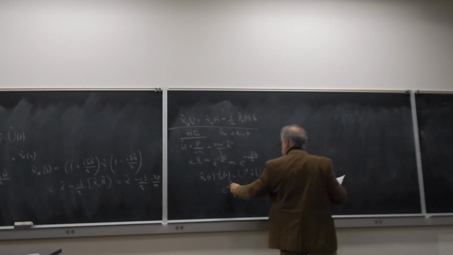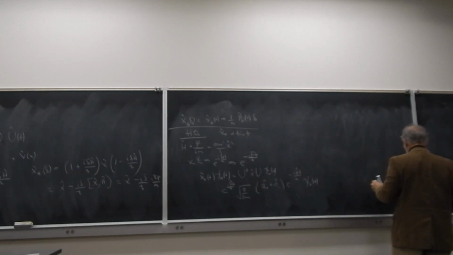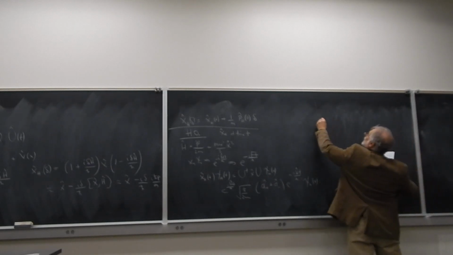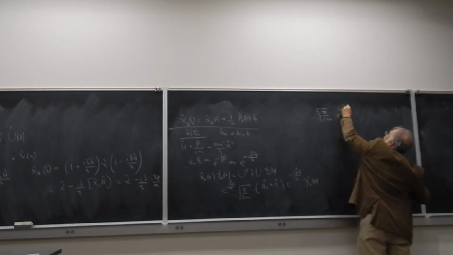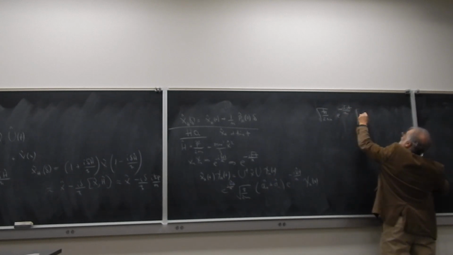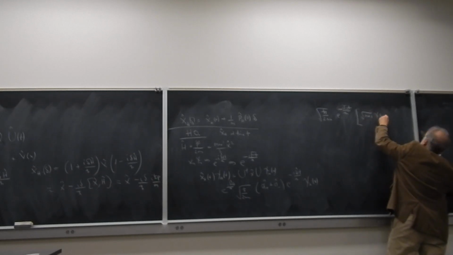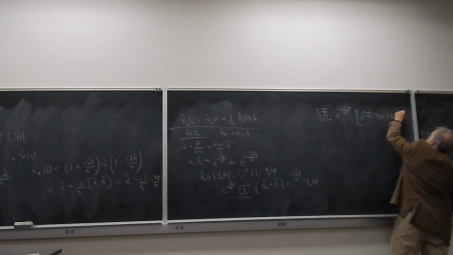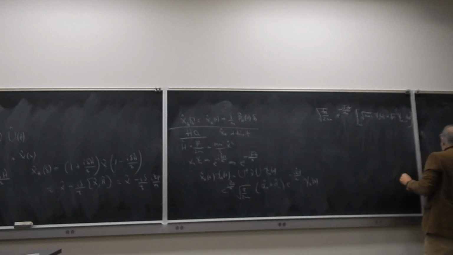This can be written, as we said before, with e to the i E t over h bar. And so I can put this together and write it as the square root of h bar over 2m omega, e to the minus i E over h bar times, square root of n plus 1 psi sub n plus 1 of x plus square root of n psi sub n minus 1 of x.